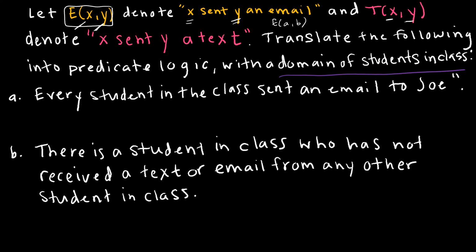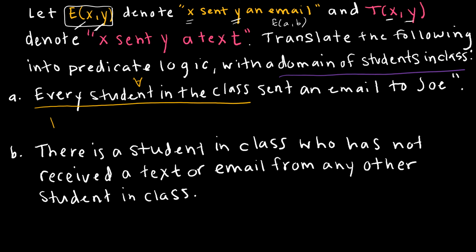It says every student in the class. Hopefully your math brain says, hey, that means for all students in the class. And then sent an email to Joe. Every student in the class sent an email to Joe.